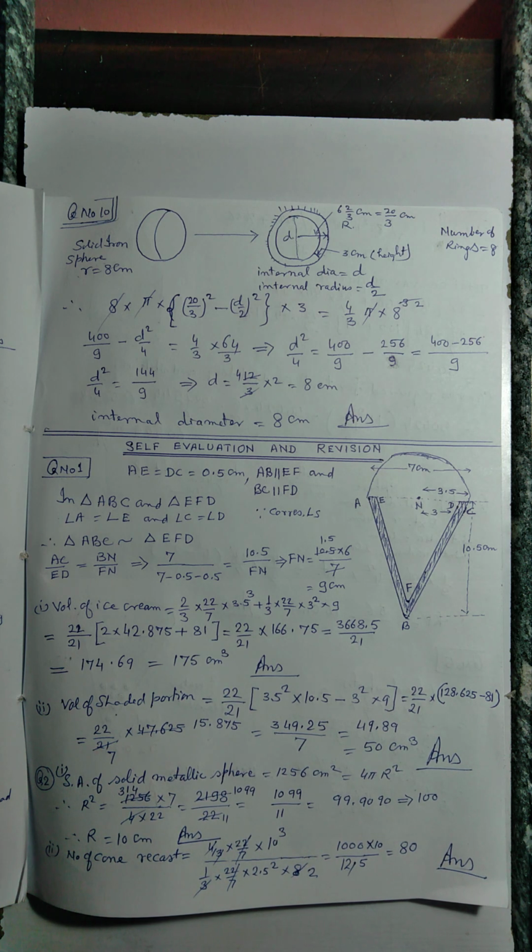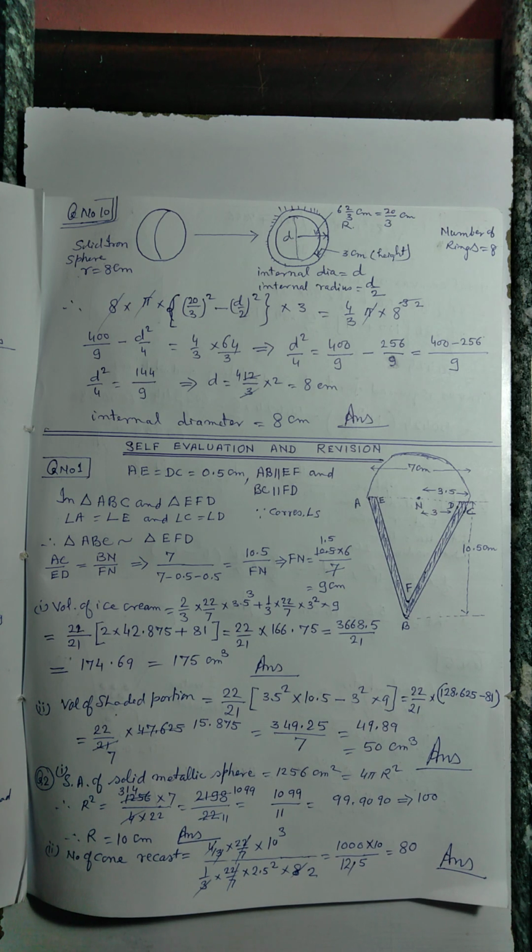Question number 1. The figure alongside shows the cross-section of an ice cream cone consisting of a cone surmounted by a hemisphere. The radius of the hemisphere is 3.5 centimeter and the height of the cone is 10.5 centimeter.